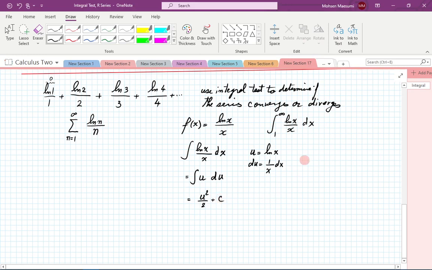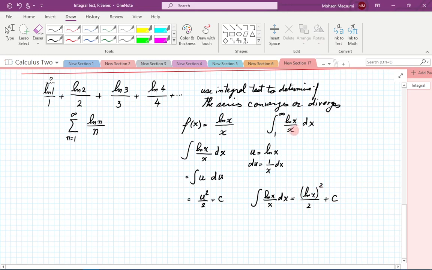So the integral of logarithm of x over x dx is simply logarithm of x squared over 2 plus a constant.